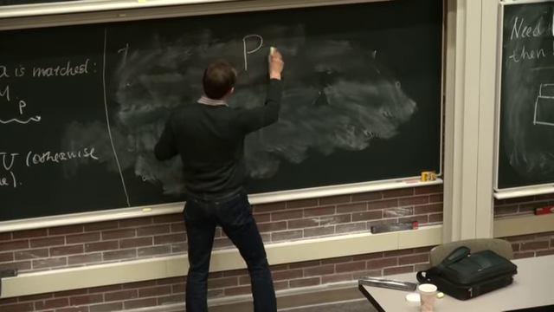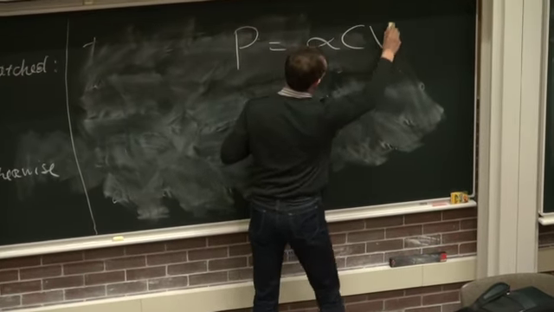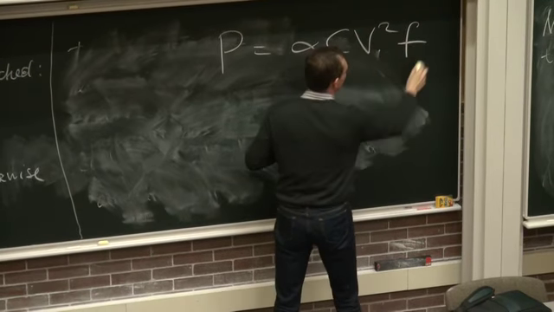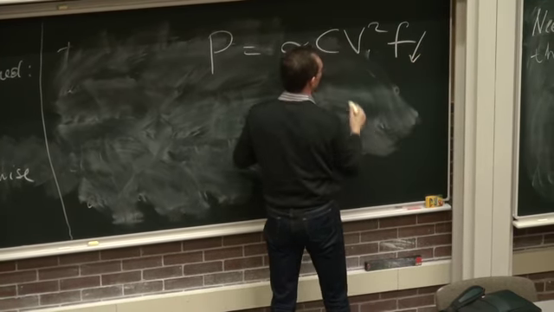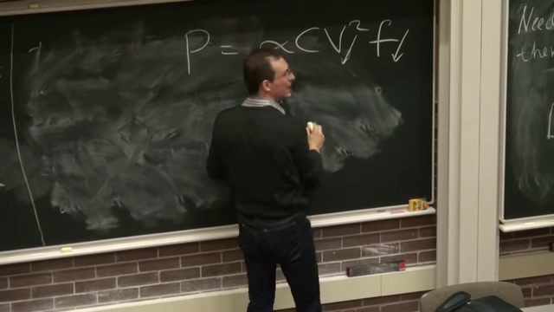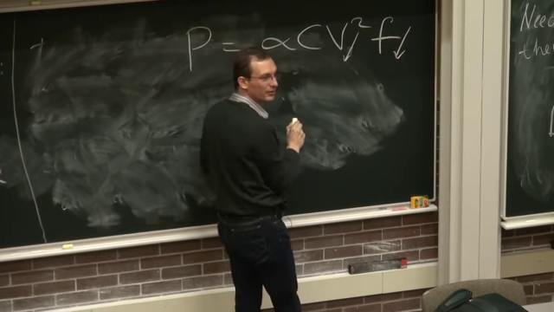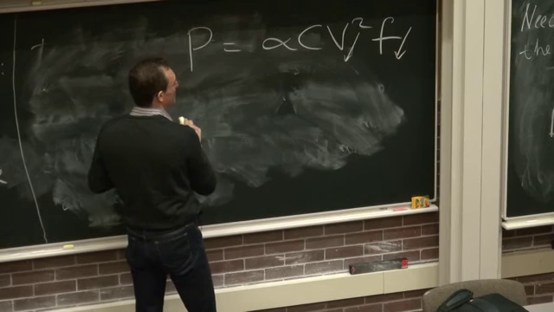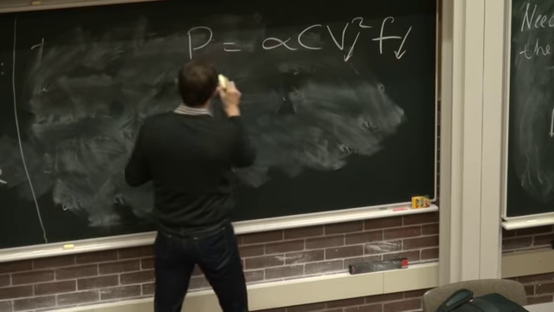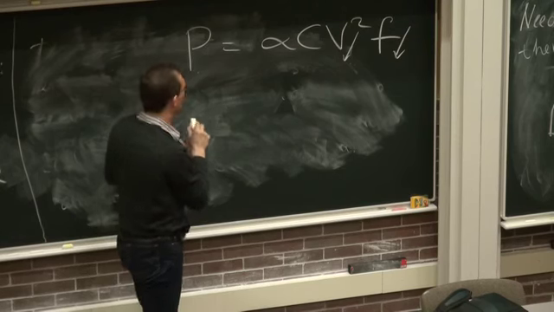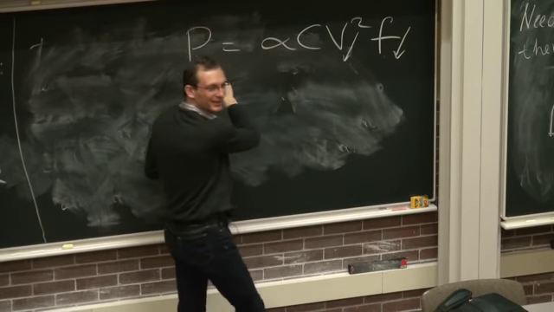Let's see. Power is equal to C V squared F. If you reduce your frequency, you don't need that much voltage to drive those transistors to run at that frequency. So you can reduce your voltage too. So you can cubically reduce your power, if you will. There's a cubic relationship between frequency and power.